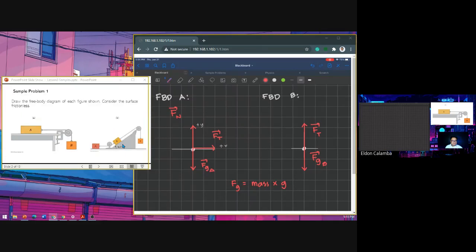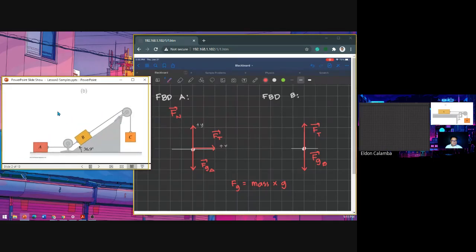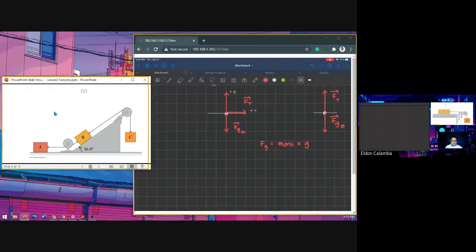Okay? So, that's for the free body diagram of A. So, FBD A, FBD B for letter A. Let's have letter B. So, for letter B, you have a system there composing of 3 boxes: A, B, at saka si C. Si A at saka si C, para makita nyo, madali lang i-gawin ang free body diagram.